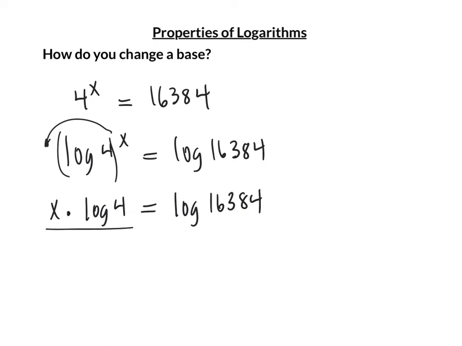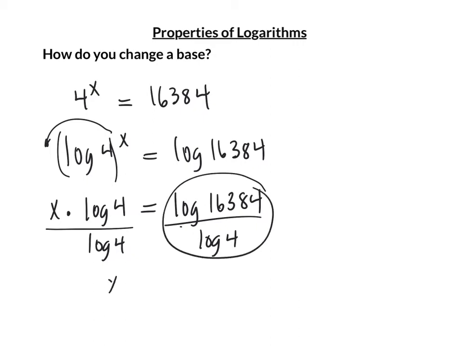We'll divide both sides by the log of 4. Put this into the calculator and you end up with x equals 7. To solve for an exponent using logarithms, you take the log of both sides, you bring the exponent down, and you divide.